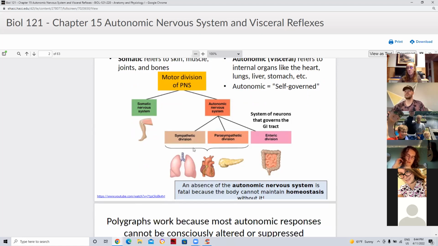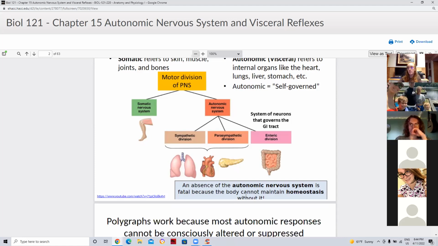He could stop the sympathetic nervous system, but those dogs could not be put in high stress situations. However, blocking the parasympathetic division through cutting the vagus nerve was fatal. So an absence is fatal because the body cannot maintain homeostasis without it.